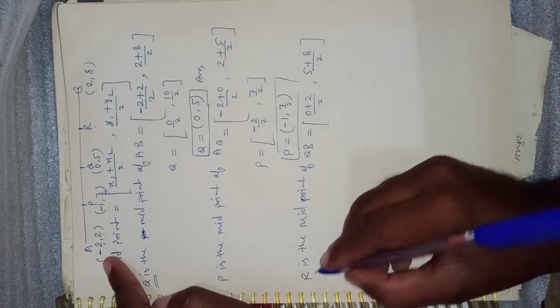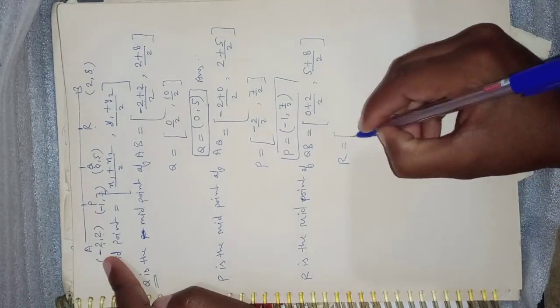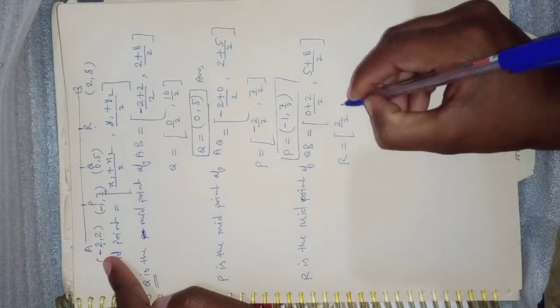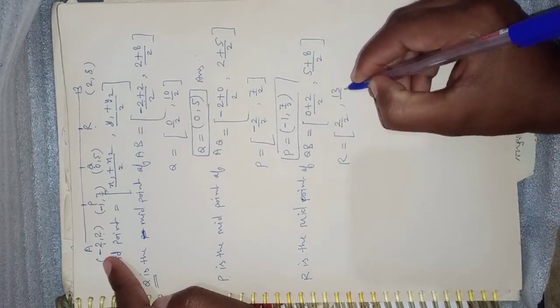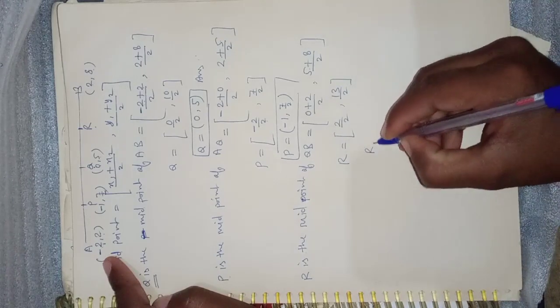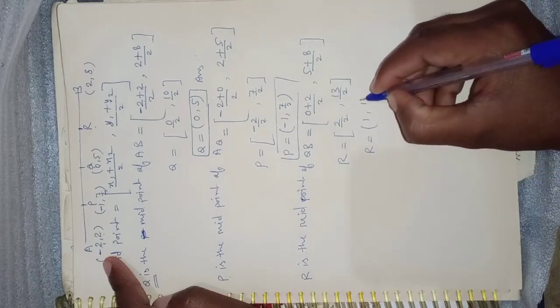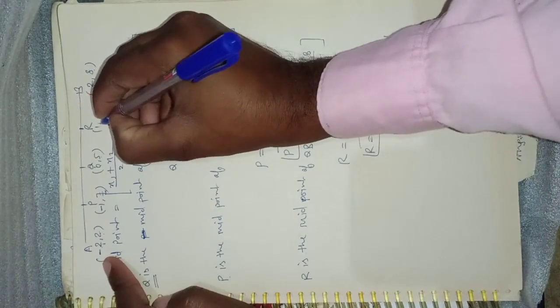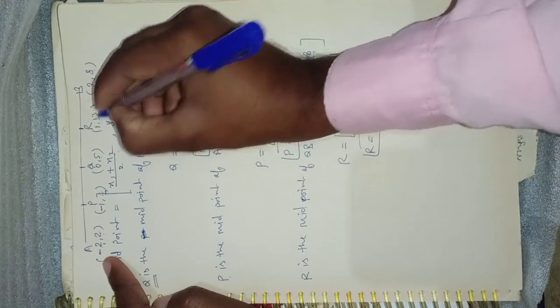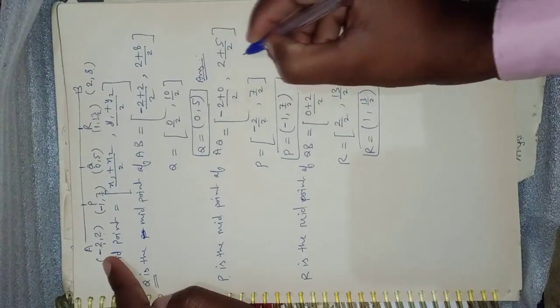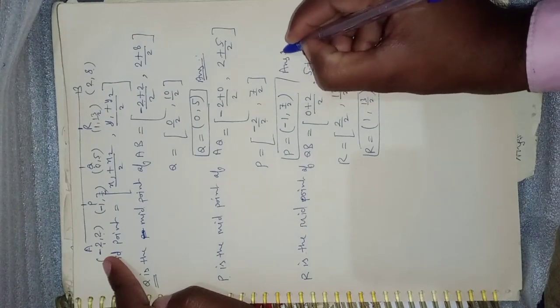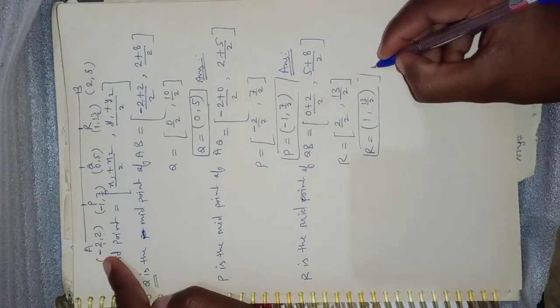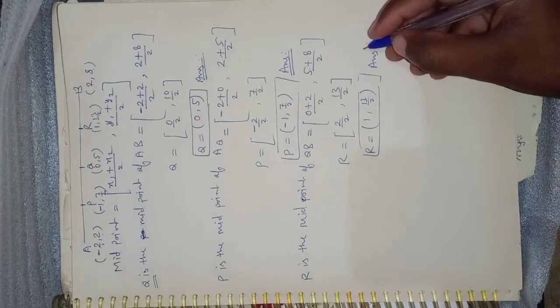This is the coordinate of R. 0 plus 2 is 2 by 2, 5 plus 8 is 13 by 2. R is (1, 13 by 2), our answer. The first answer is the Q coordinate, the second answer is the P coordinate, and the third answer is the R coordinate.